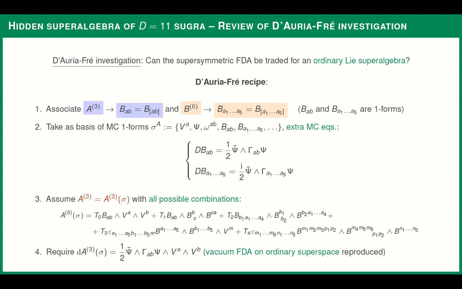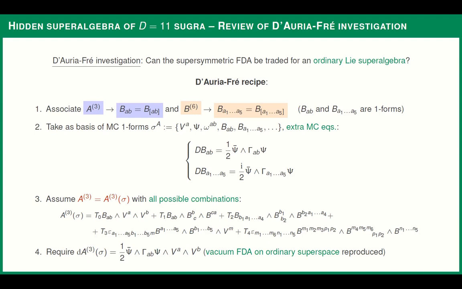So in the vacuum, now we have the supervielbein and spin connection and these two extra fields associated with these extra Maurer-Cartan equations. These also show us why to choose precisely B^{ab} and B^{a1...a5}, because the Bianchi identity structure is reminiscent of the irreducible representations of the non-vanishing fermionic bilinears that we can write in superspace.